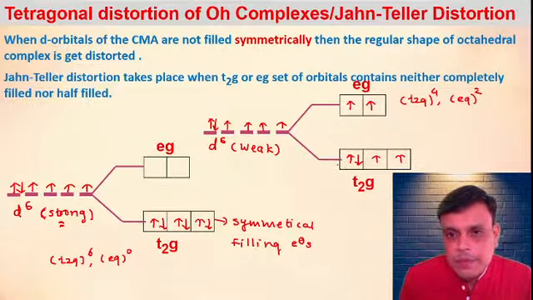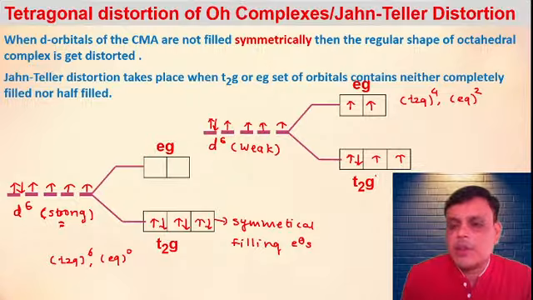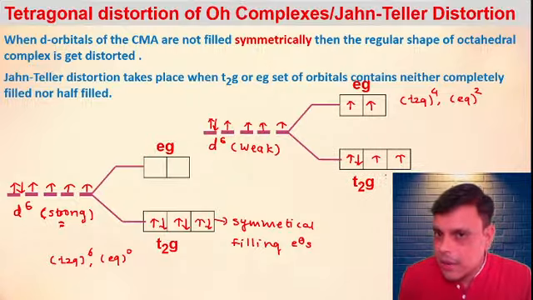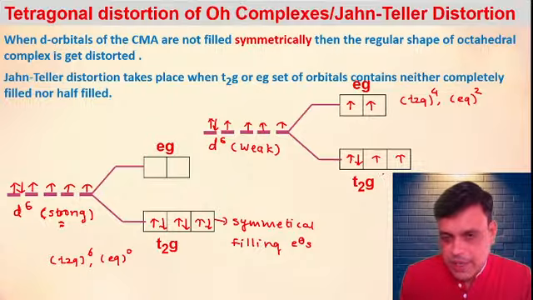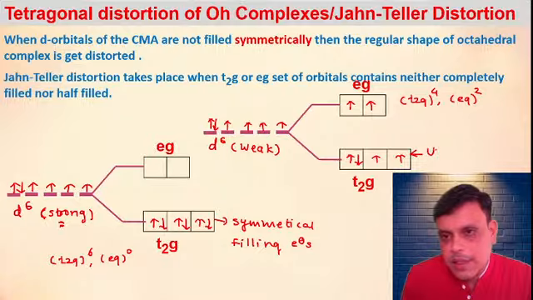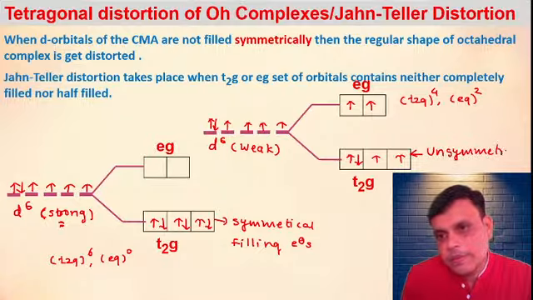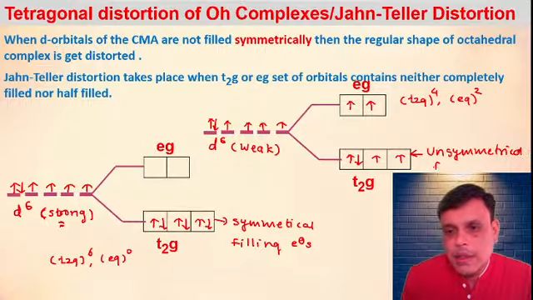Now let us first consider the t2g orbital. The total capacity of the t2g orbital is 6, and here 4 electrons are there. So it is neither completely filled nor half filled. So this is called unsymmetrical filling of electrons.